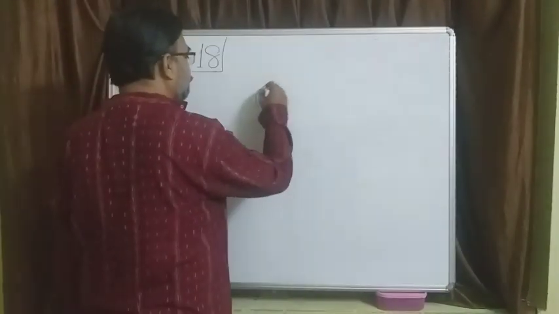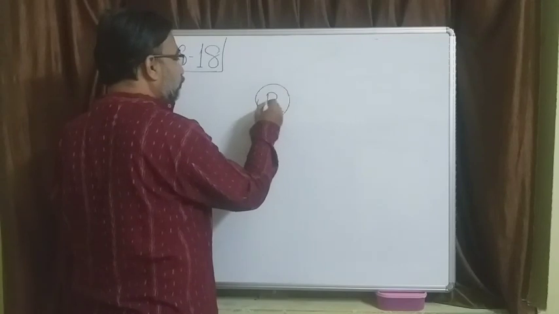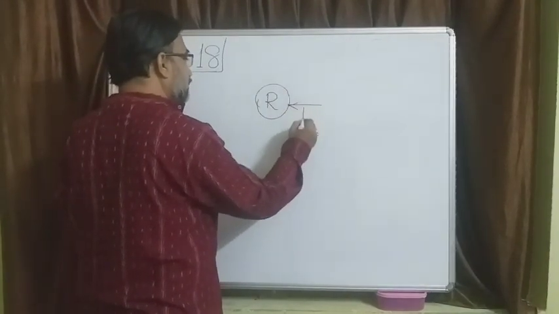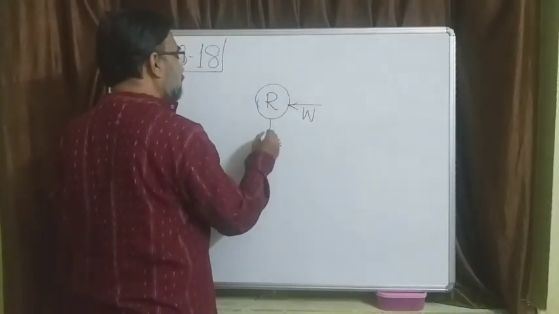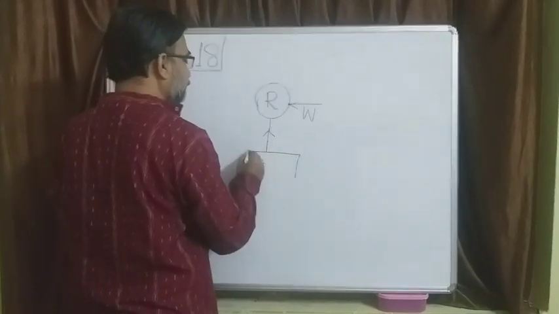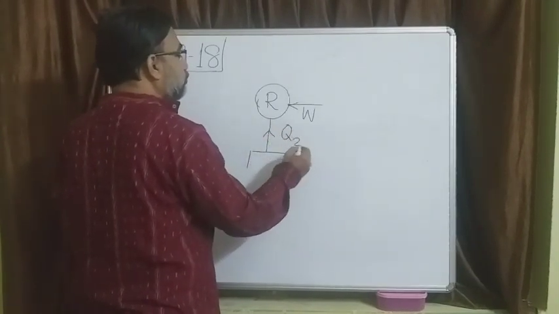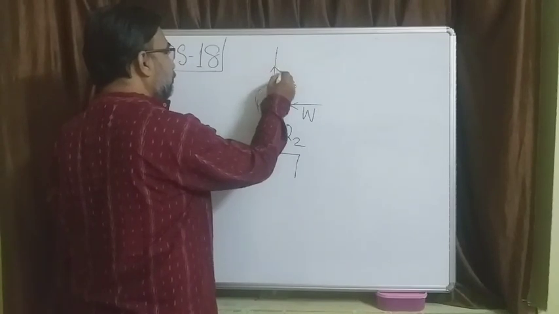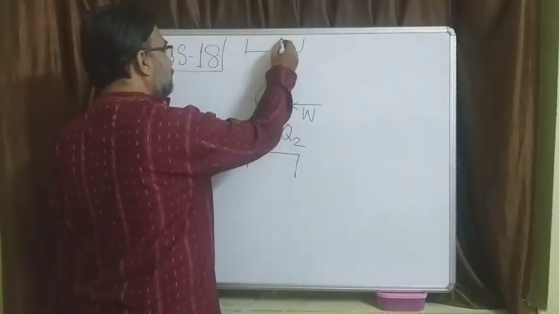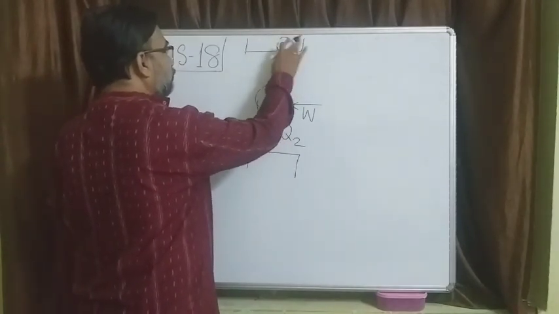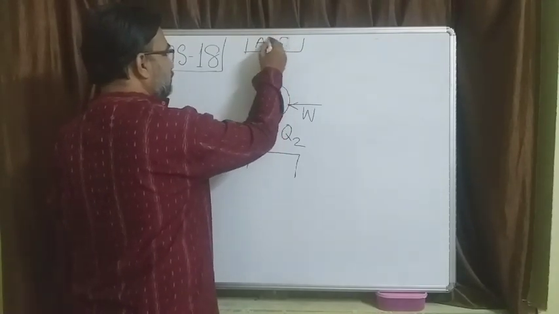So that kind of refrigerator will be called a Carnot refrigerator, which will be receiving W amount of work, will be extracting Q2 amount of heat from the body, and will be rejecting Q1 amount of heat to the atmosphere. This is atmosphere.